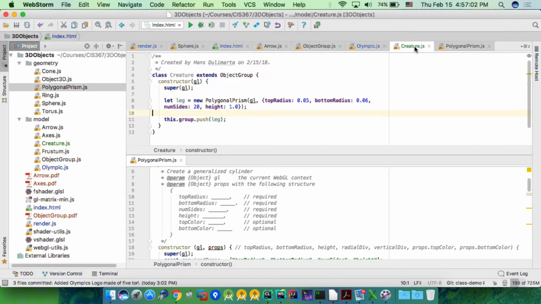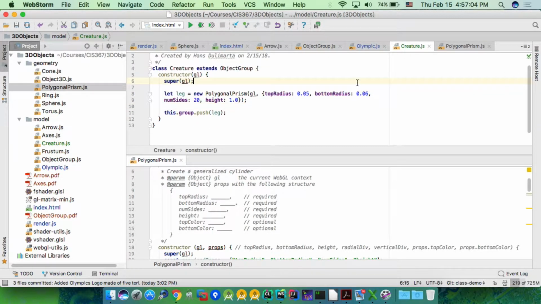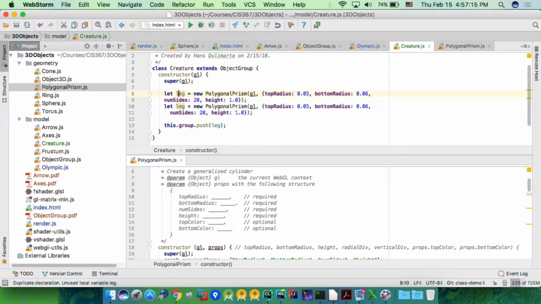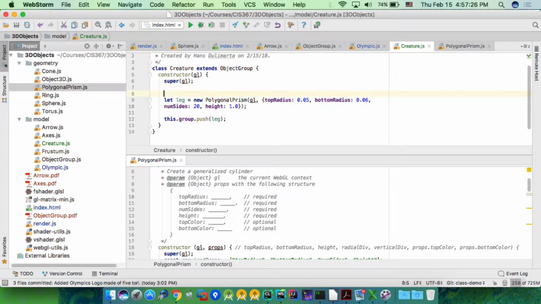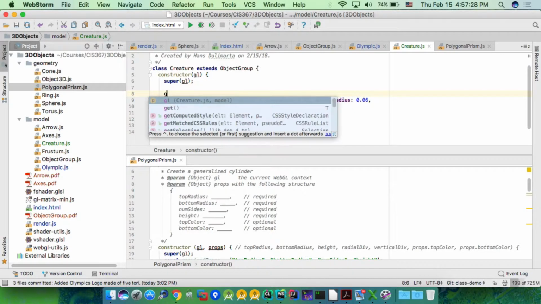Where's my class? Here. Okay, so let me call it leg 0, leg. Actually, I'm going to be lazy here. I'm going to just write a loop.